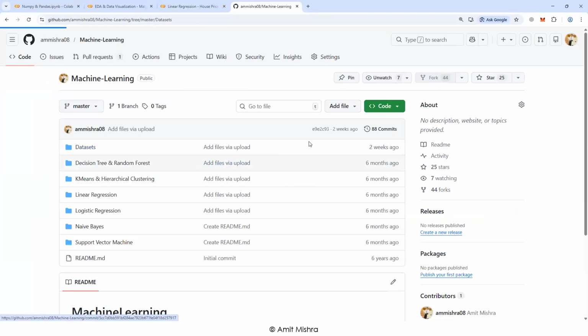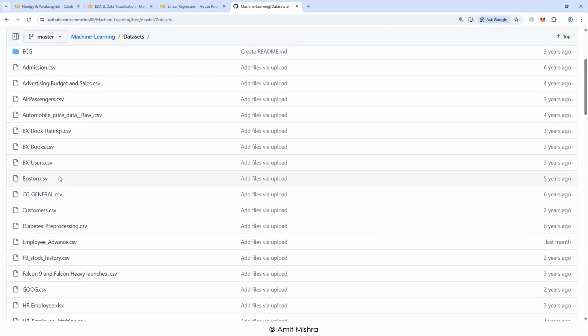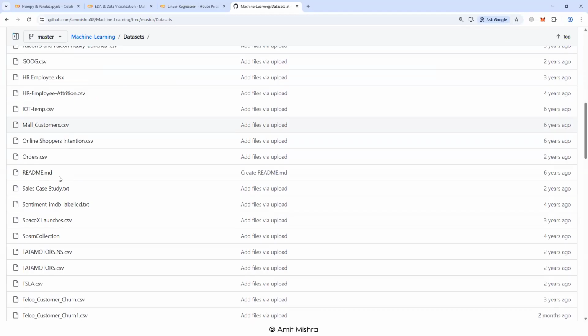Let's take the datasets from the list of datasets which is available to us. From the list of datasets, I'm going to take house price data.